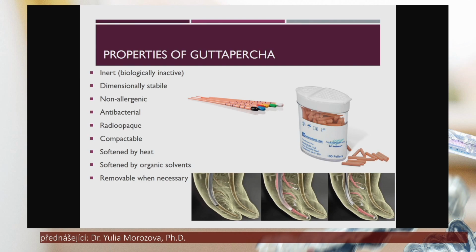So we can see that gutta percha has most of the requirements for the ideal root canal filling material, but unfortunately it doesn't have the property to adhere onto the root canal wall, and so it should be used in combination with special sealers.